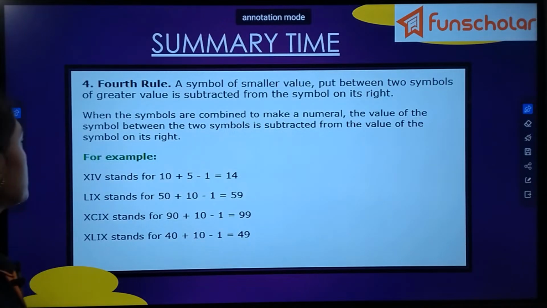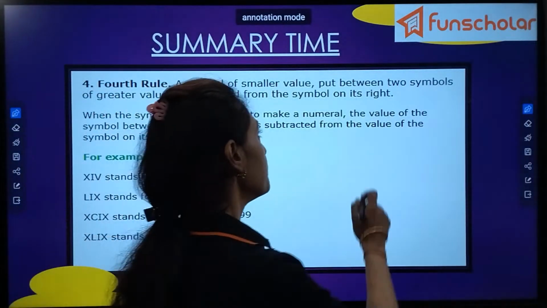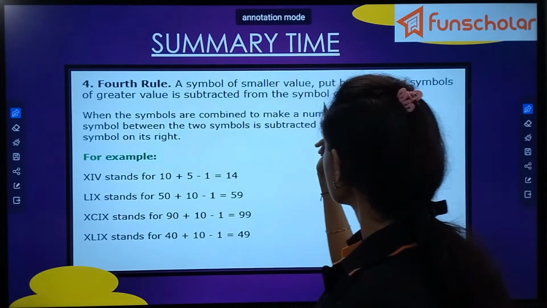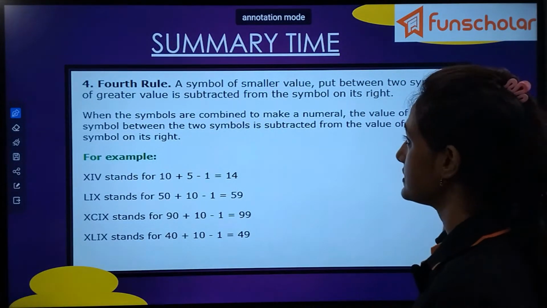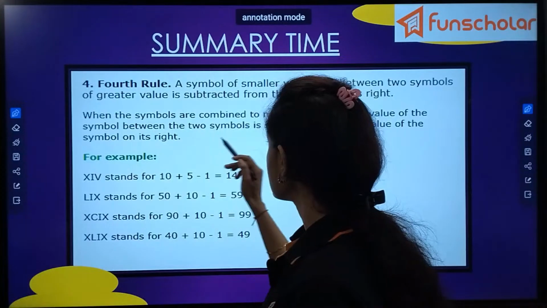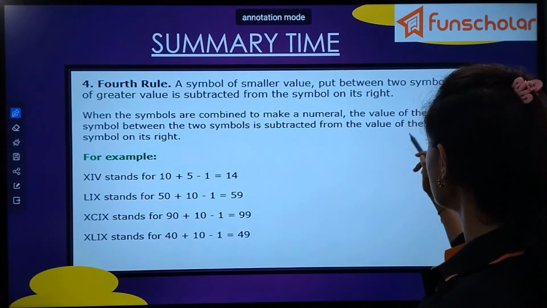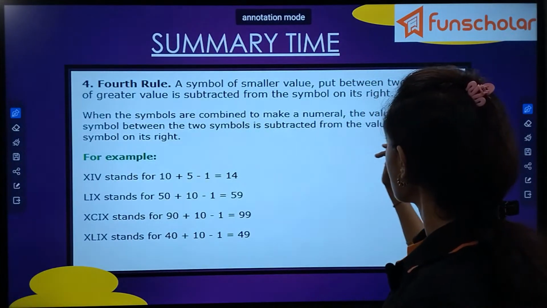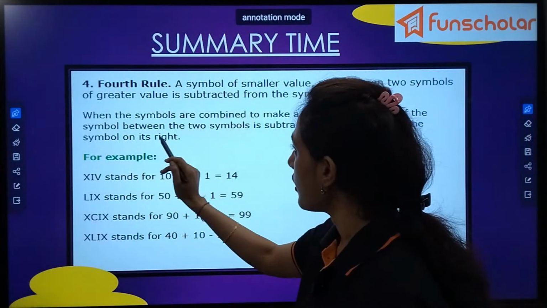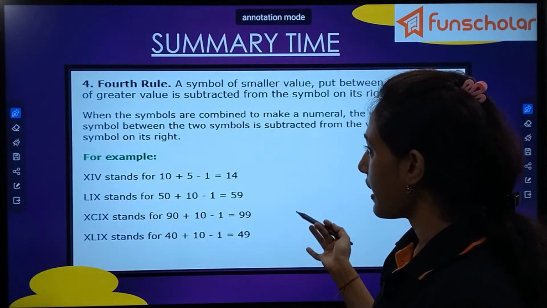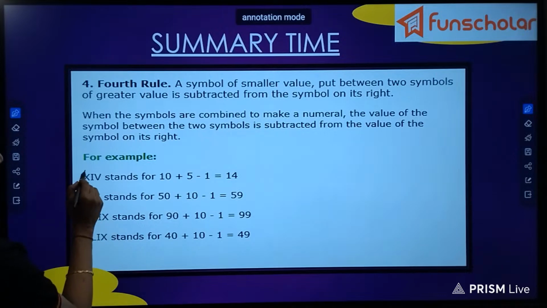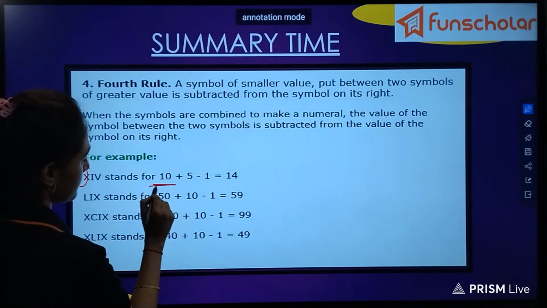Fourth rule says that a symbol of smaller value put between two symbols of greater value is subtracted from the symbol on its right side. When the symbols are combined to make a numeral, the value of the symbol between the two symbols is subtracted from the value of the symbol on its right. X represents 10.